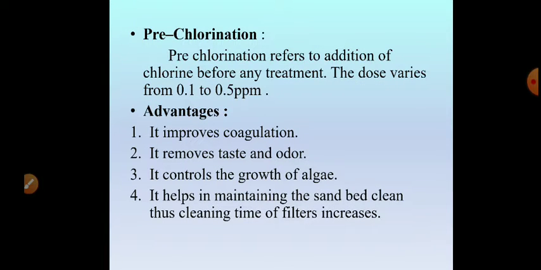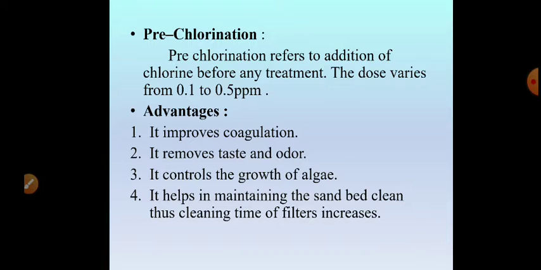The second method is pre-chlorination. Pre-chlorination is the process of addition of chlorine to water before any other treatment is given. So as the name suggests, adding chlorine before other treatments, maybe before filtration.